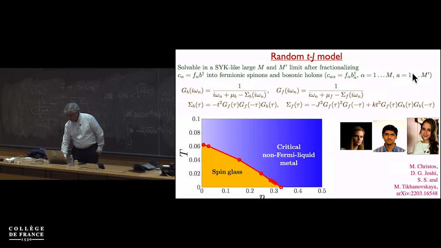You make M proportional to M prime, and then send M to infinity. That gives you a very well-defined set of equations that you can solve. These are the equations right here. You can see they're exactly these equations, except there are some indices of F and B, but there's always sigma as G cubed for both the boson and the fermion.